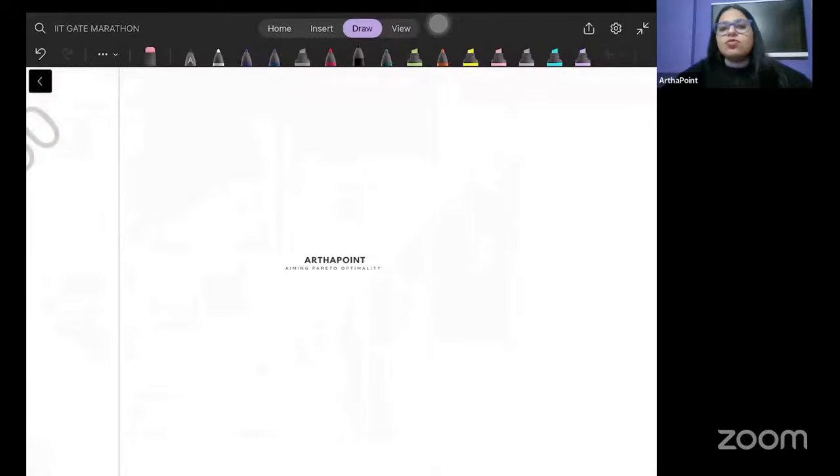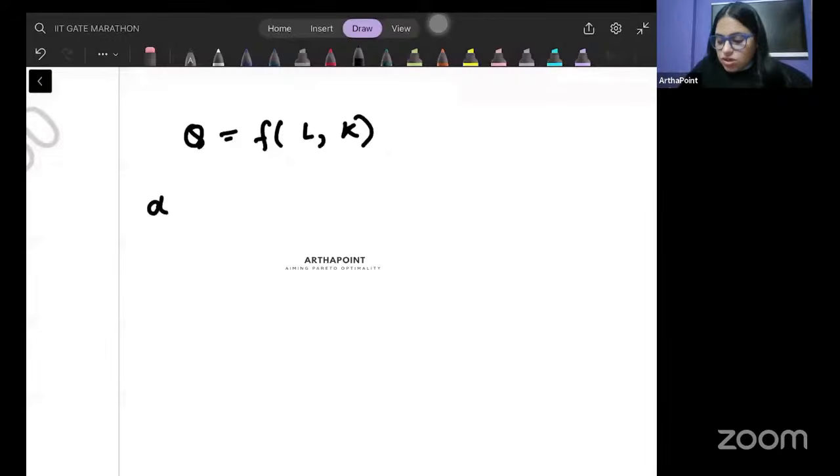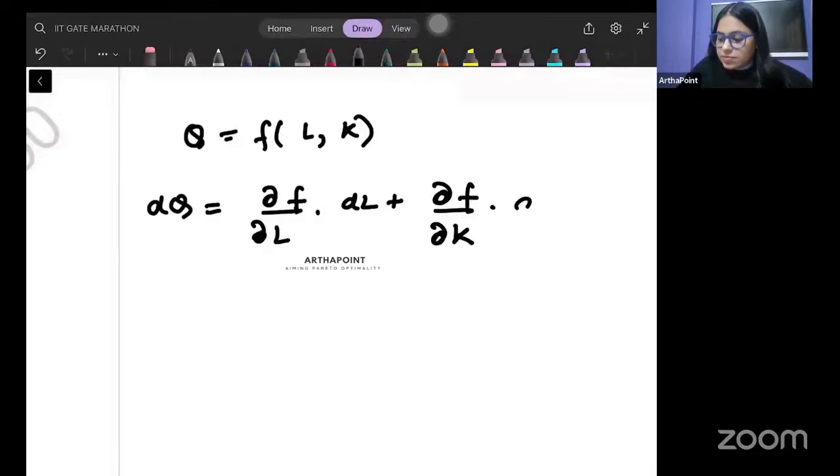So Euler's theorem, what does it suggest now? Euler's theorem suggests that if I have any production function as a function of labor and capital, then, just think about it, if I do a total differentiation of this function, I will get dq is equal to del f by del l dl plus del f by del k dk, right?